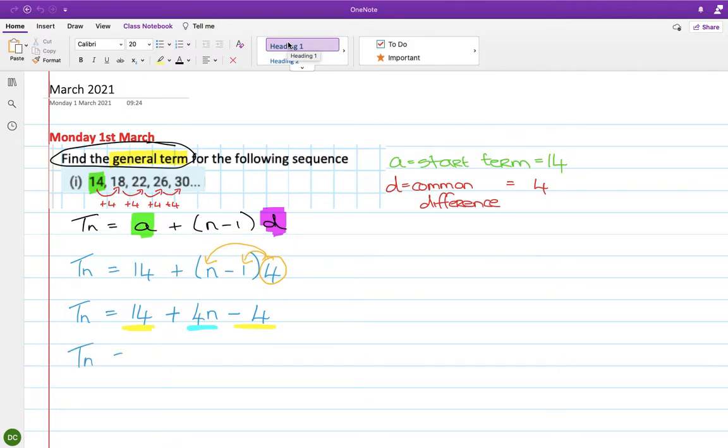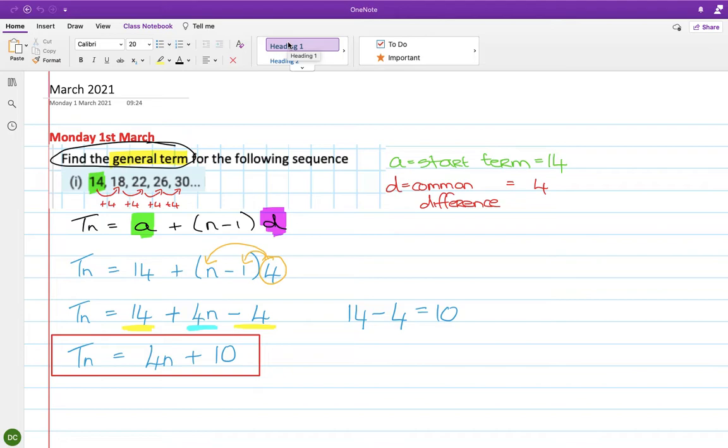So Tn equals, you write the 4n on its own, and then in your calculator you type in 14 minus 4. 14 minus 4, your calculator will tell you is 10. That's a plus 10. So the answer to this one is Tn equals 4n plus 10.